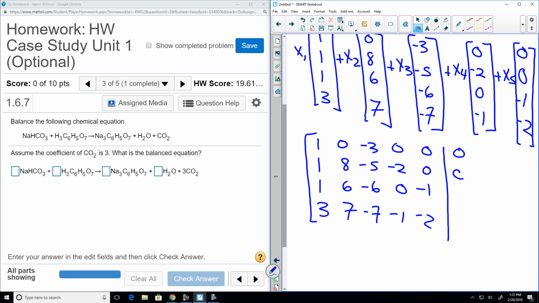And it's augmented with zeros, the 0 vector. That's how much of the first one, how much of the second one, how much of the third one, how much of the fourth one, how much of the fifth one.